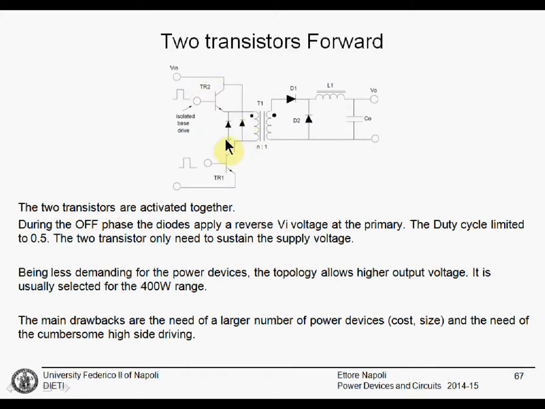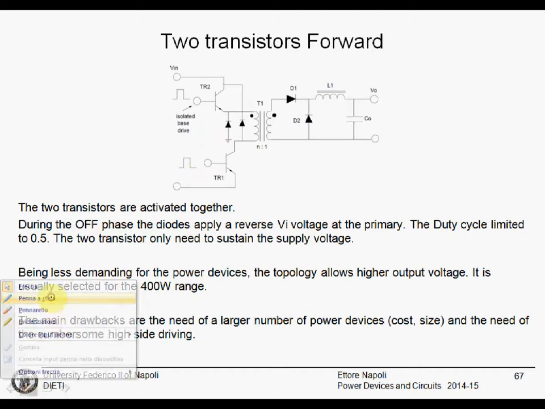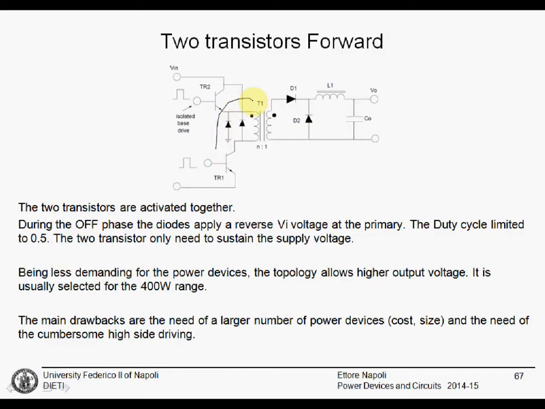There is then a current flow that is again discharging the magnetizing inductance and is providing some current to the power supply. The current path is the following. Through the two diodes.